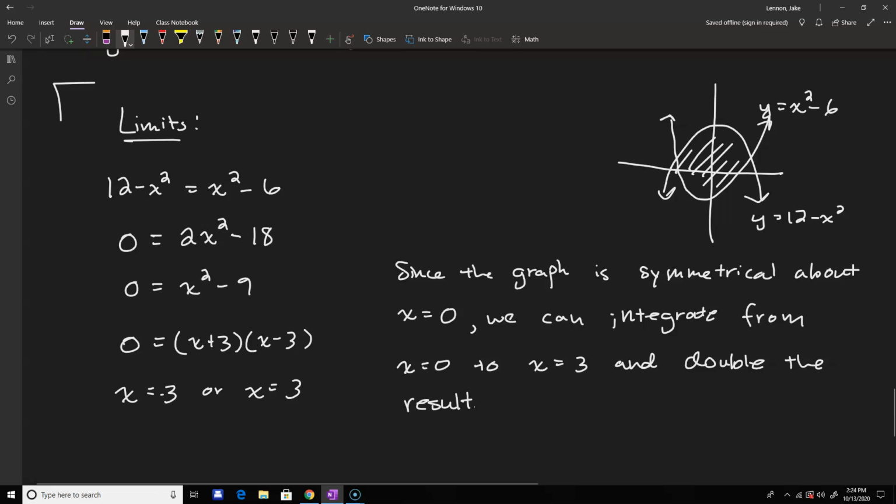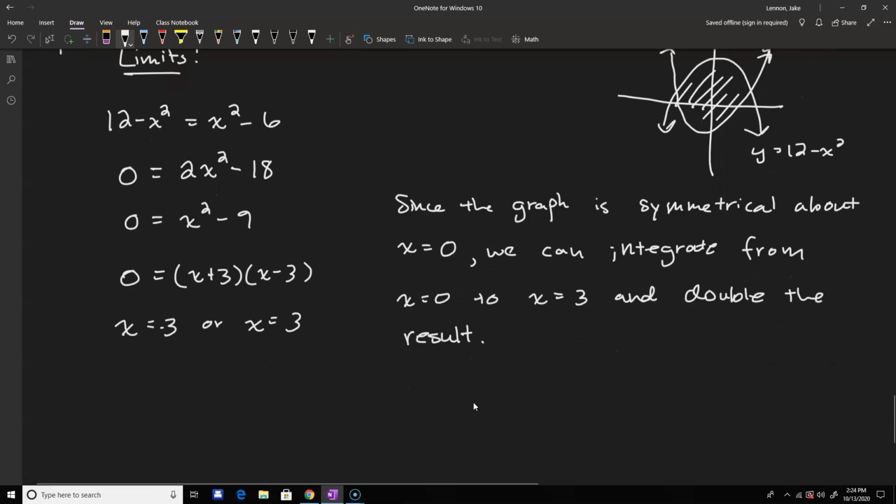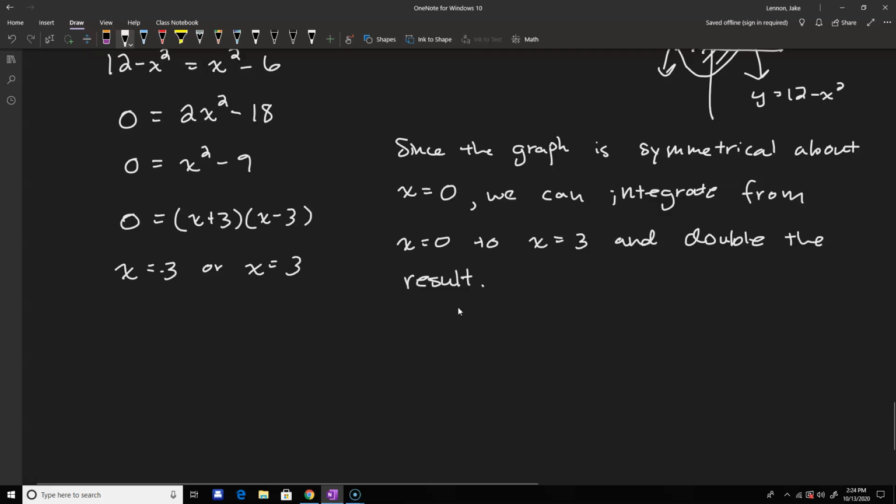So this is just one of those symmetry tricks that will make the computation a bit easier.